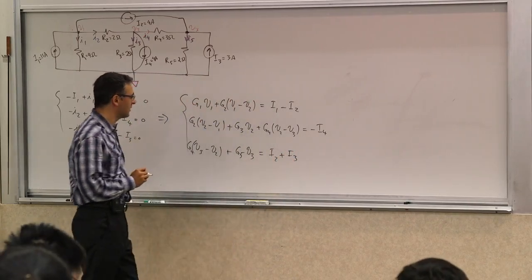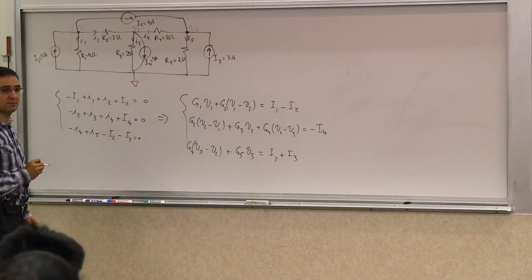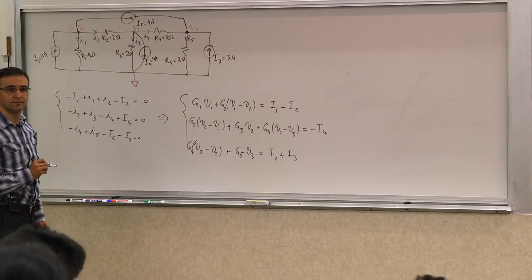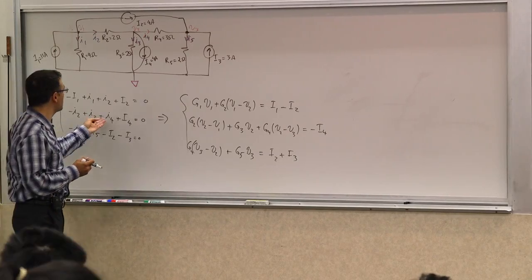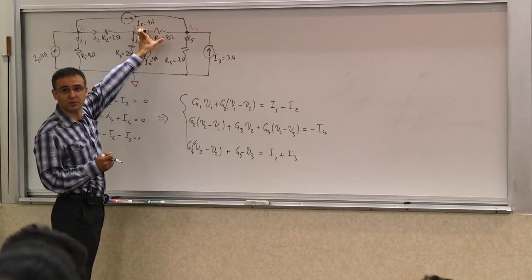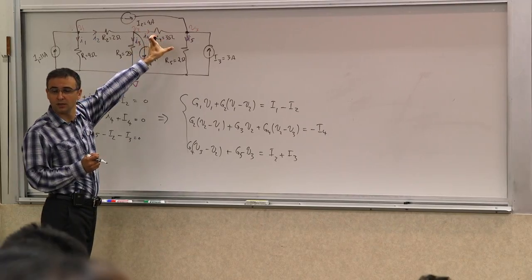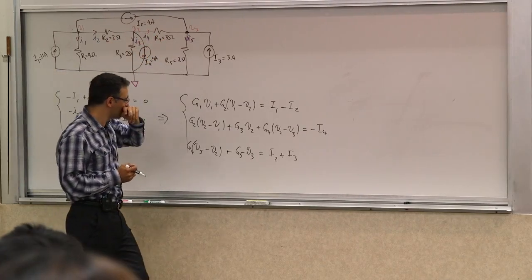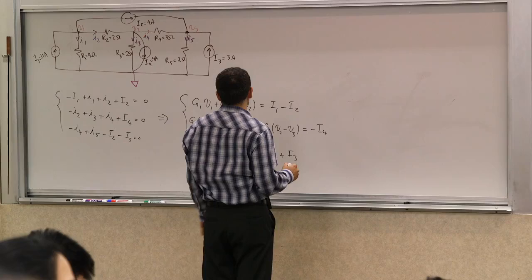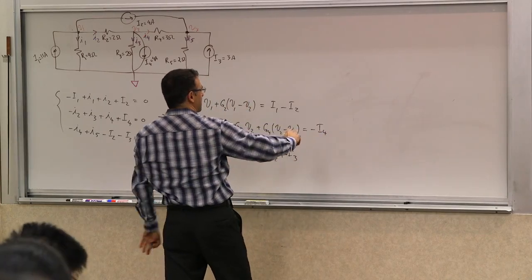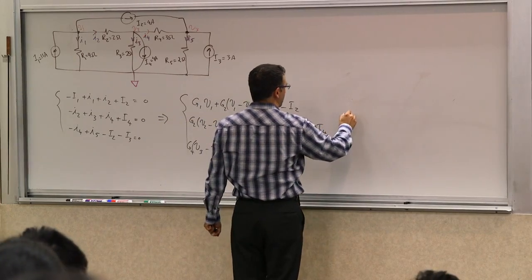So those are the three equations in terms of voltages. You saw what I did? I'm writing this using Ohm's law in terms of voltages. I'm applying Ohm's law to each one of these individually. So this is fine. But before I rewrite it as a matrix here, or let's rewrite it as a matrix first.